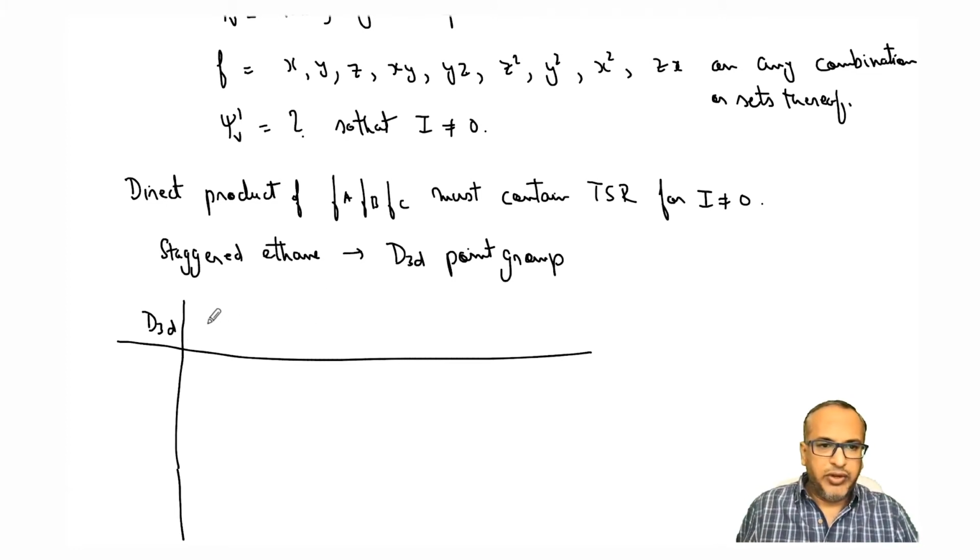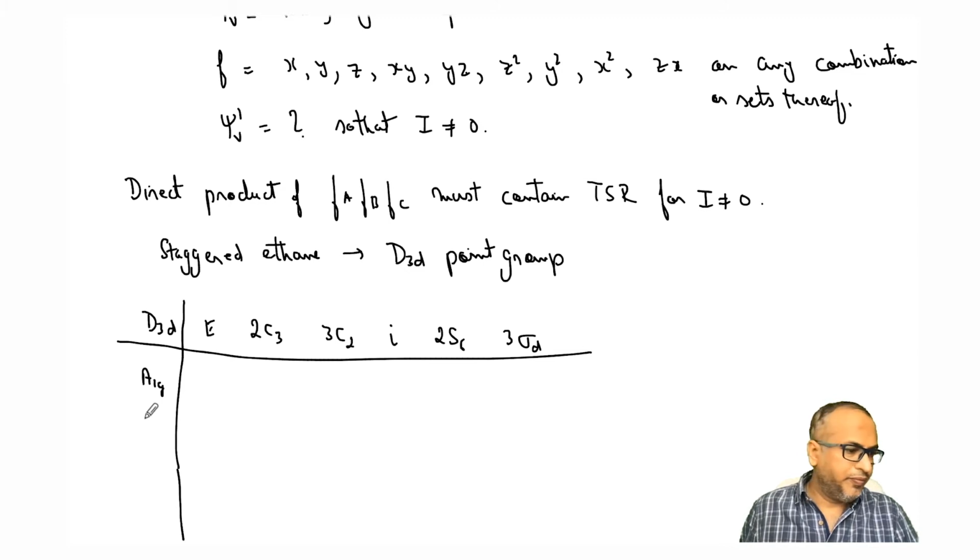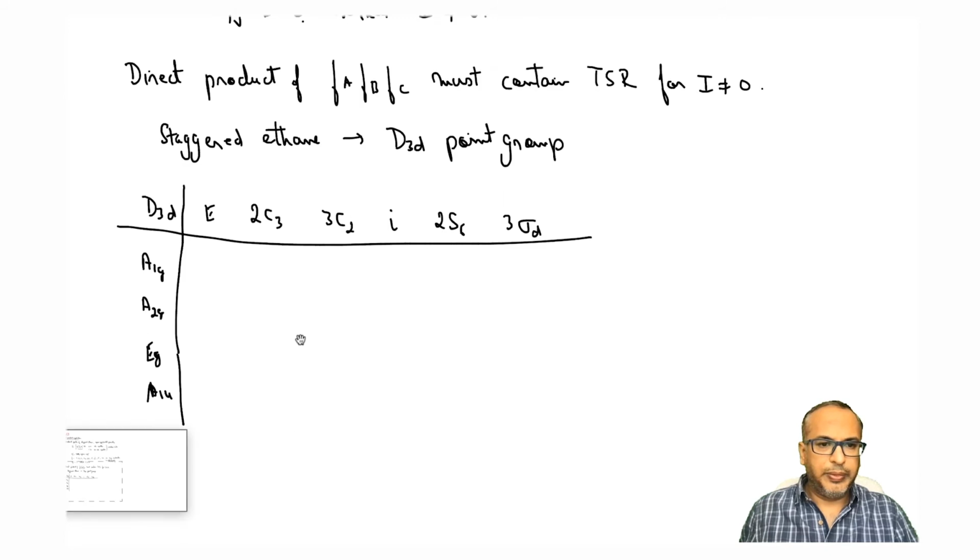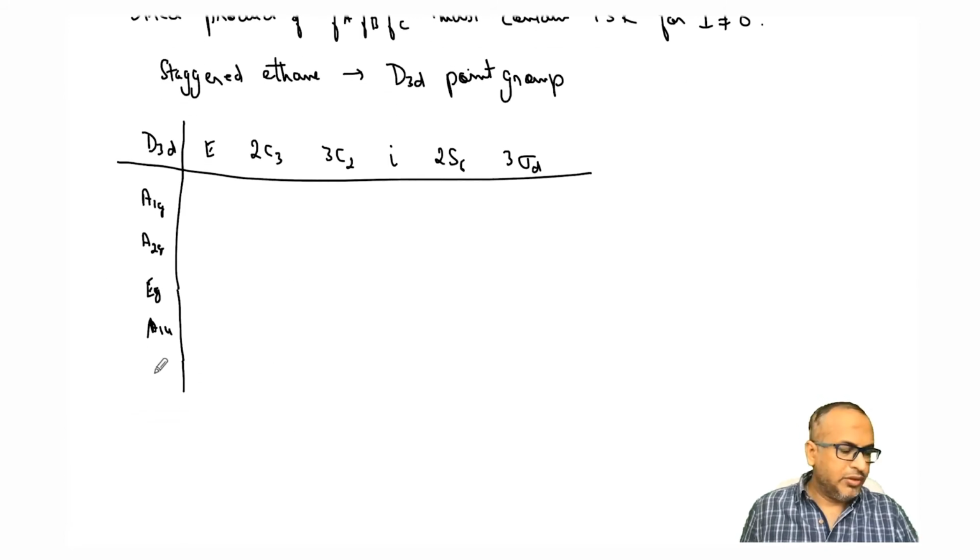What we have here is E, 2C3, 3C2, i, 2S6, 3 sigma d, right? And we have A1g, A2g, Eg, A1u, A2u, and Eu.